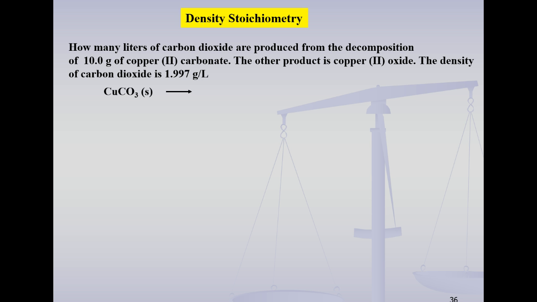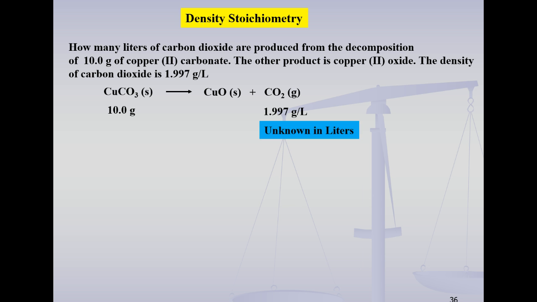First, we need the balanced equation. And it's already balanced. Given 10 grams of copper 2 carbonate, 1.997 grams per liter is the density of carbon dioxide, but the unknown is liters of carbon dioxide. So let's start with our plan.